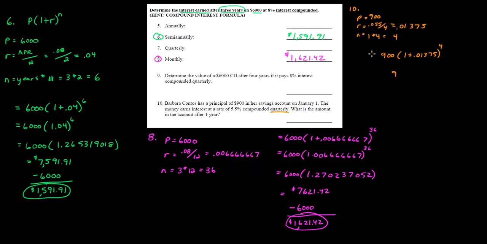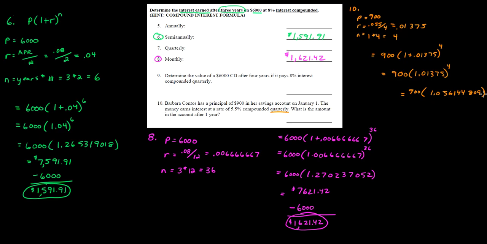First thing is I have to combine those two there. So 900 times 1.01375 to the 4th power. 1.01375 to the 4th power gives me 1.056144809.